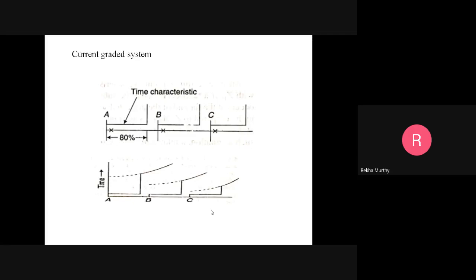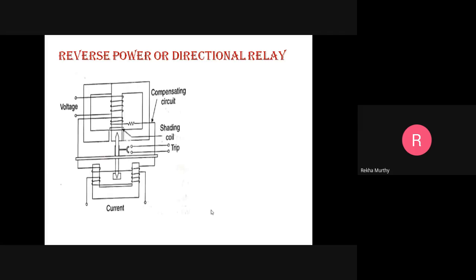Now let's go to the next part, a new topic, that is the reverse power or directional relay. So let me consider a diagram where this is an electromagnetic relay.